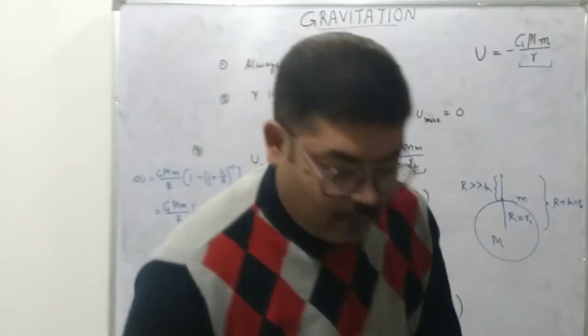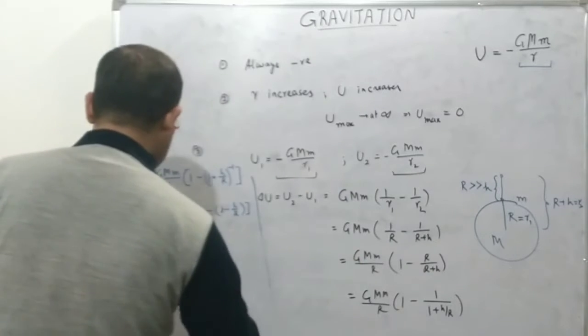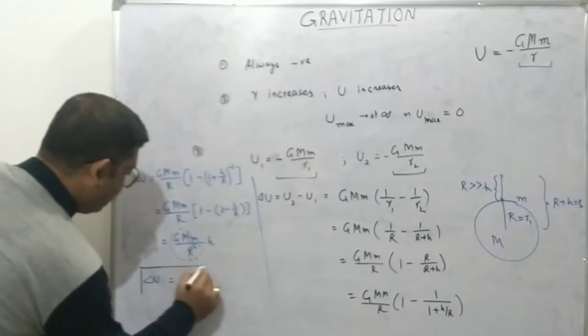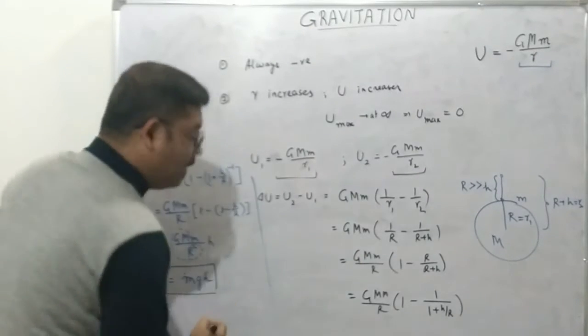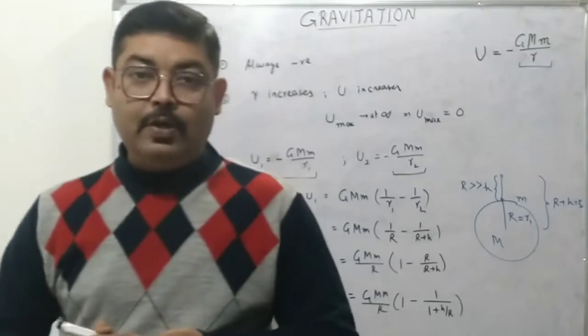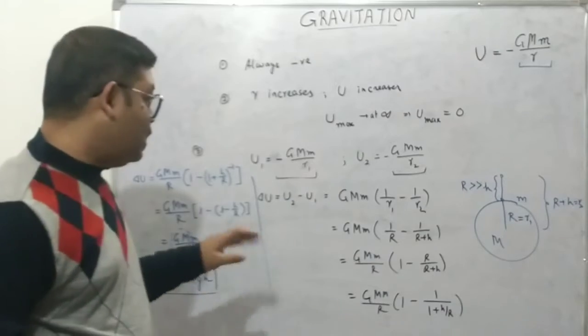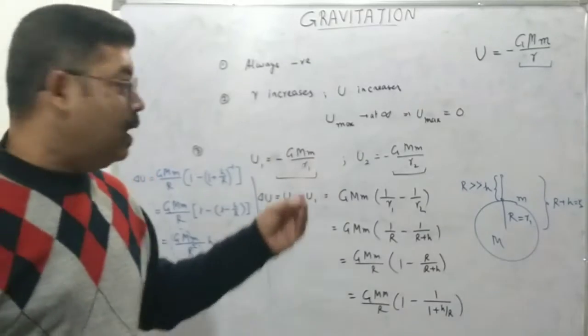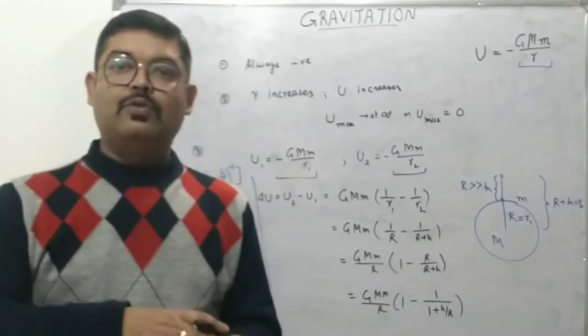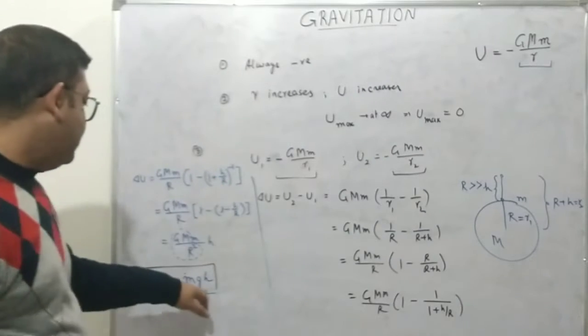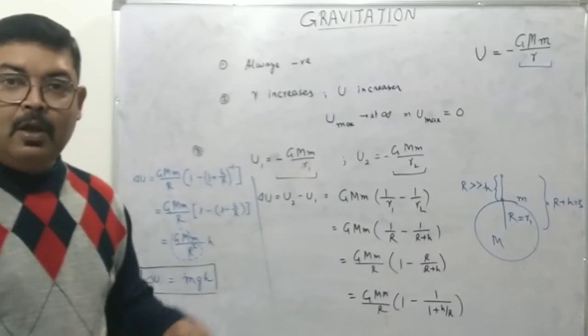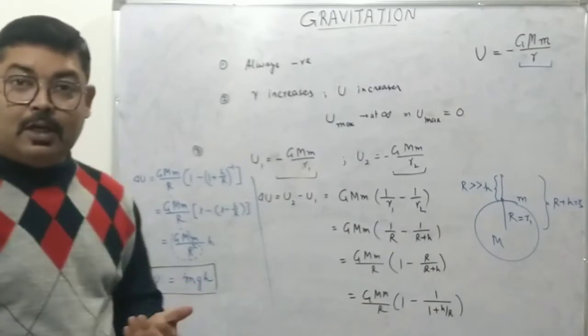So what we have seen is that we have arrived at the expression that we have been using for potential energy from the very beginning. If we take the object from Earth's surface to a particular height, its potential energy becomes mgh, which is actually the change in potential energy we are talking about.